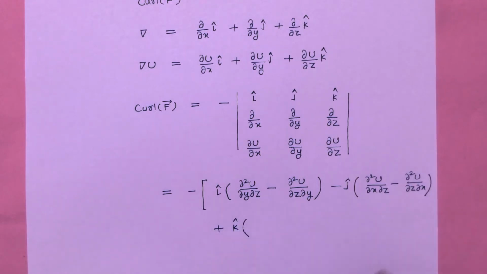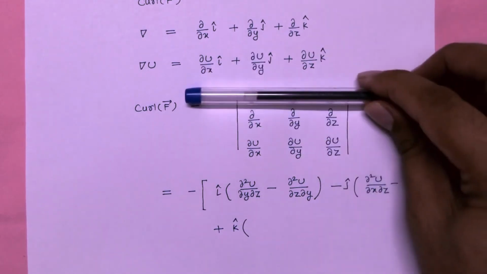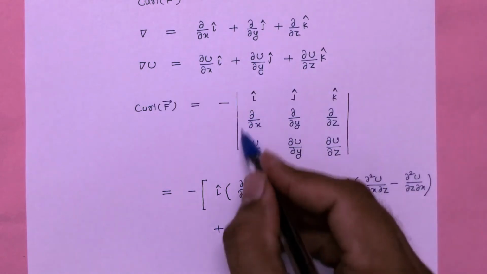The first value is plus for the determinant, second is minus, and the third value is plus.